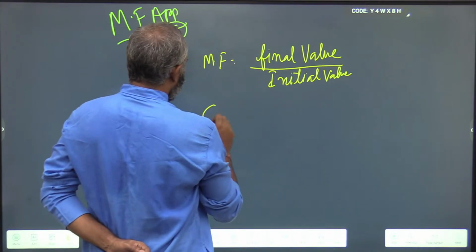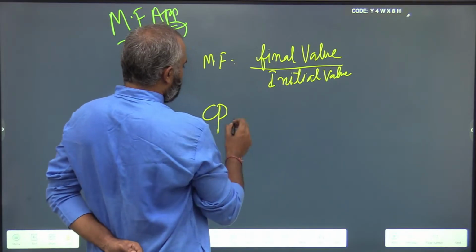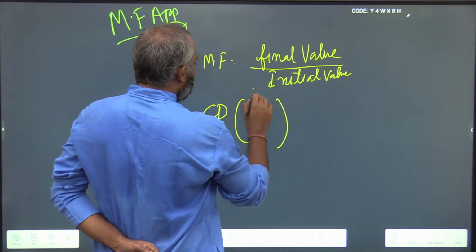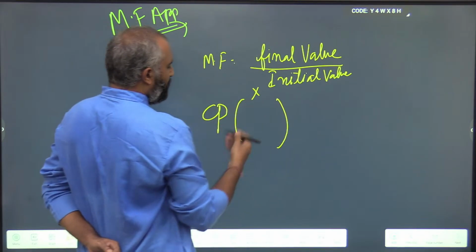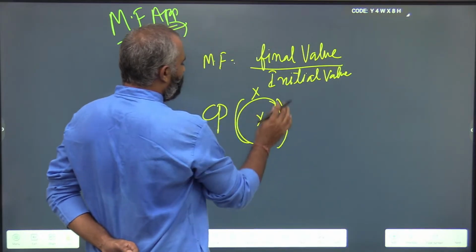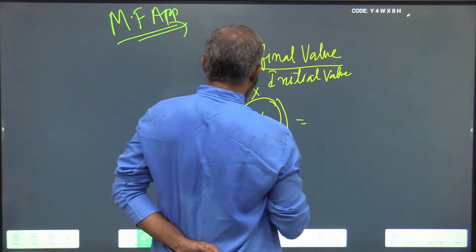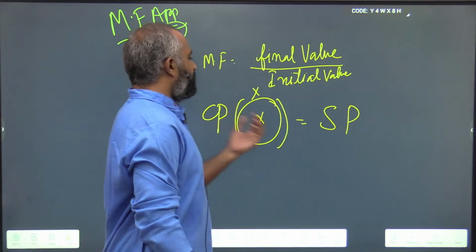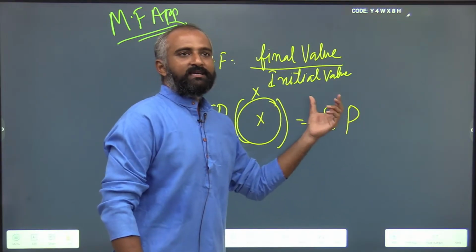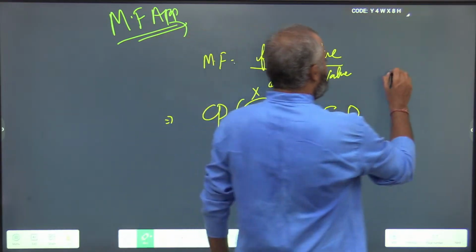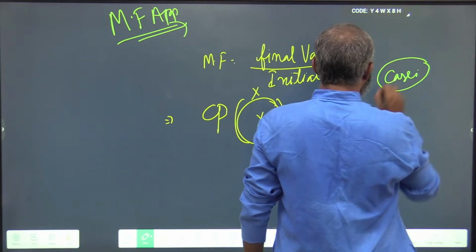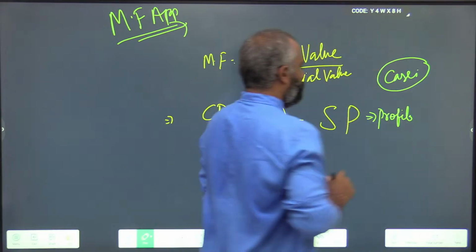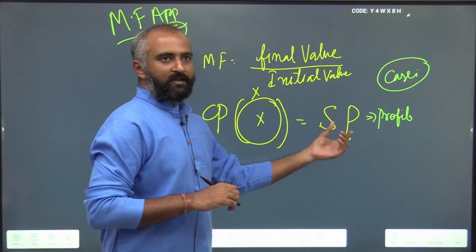Suppose the cost price is our initial value. He is marking up, or selling at a higher price. Do not worry about this factor. He is selling at some selling price. Case 1: if the selling price is greater, he will get a profit.